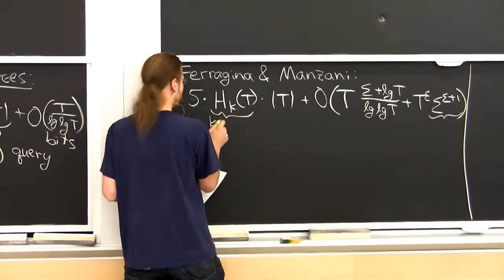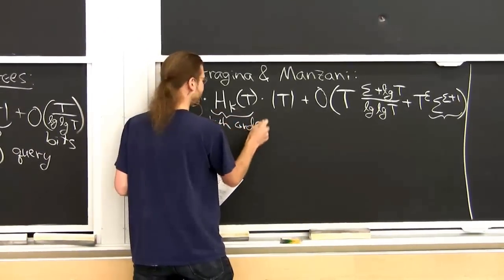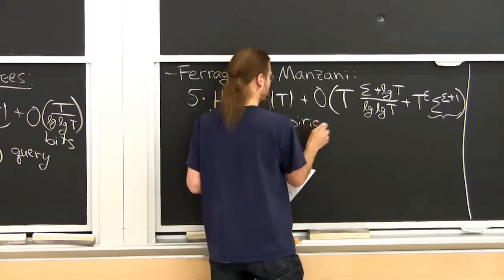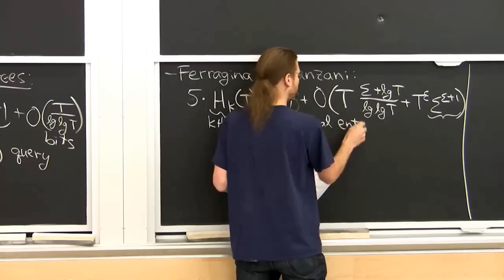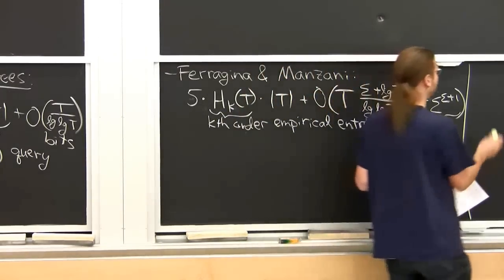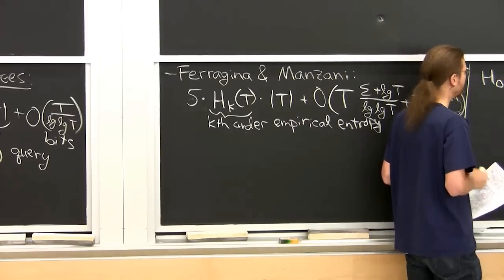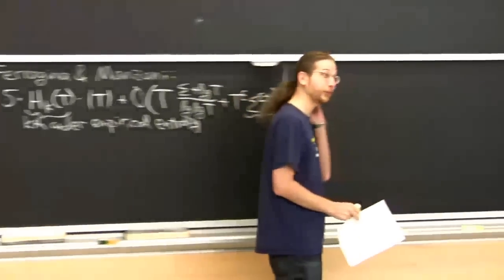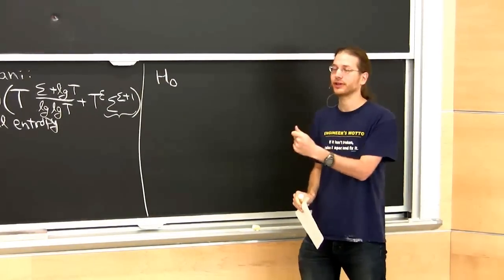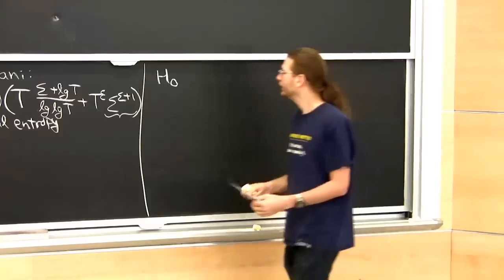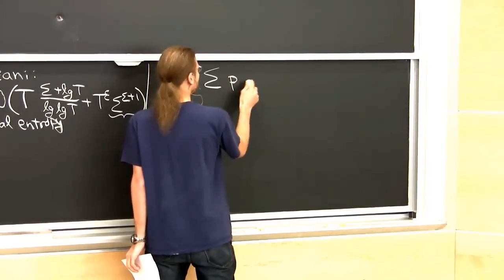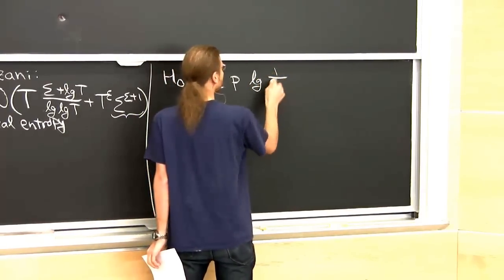This is what's called kth order empirical entropy. Maybe I should start with an aside of 0th order entropy. We talked about entropy in the context of binary search trees. We said, if you access item i with probability p_i, then there's this entropy bound, which is the sum of p log 1 over p.